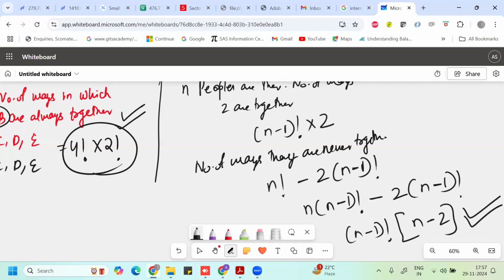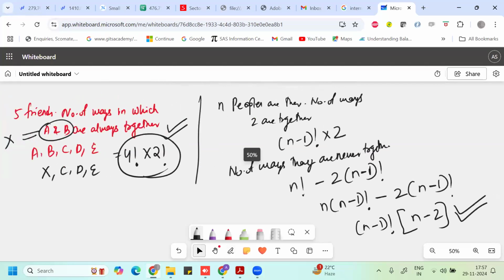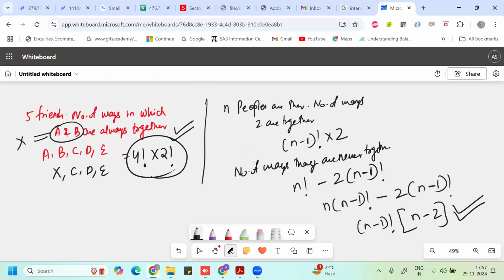This is very, very important for your exam purpose. So if 5 friends are there, the number of ways they are always together is 4 factorial into 2.